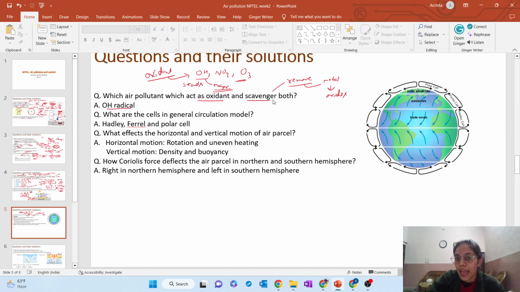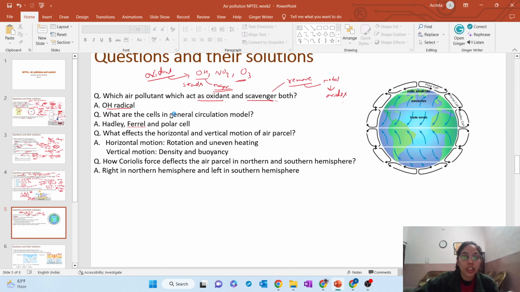No one else plays the role of scavenger better than the hydroxyl radical. So this is an air pollutant which is an oxidant. It oxidizes components in the atmosphere very fast, and it also helps in scavenging metals in the form of oxides, and their deposition.